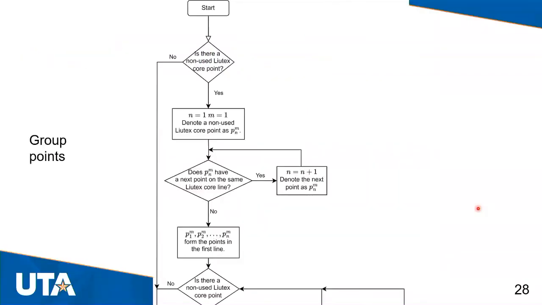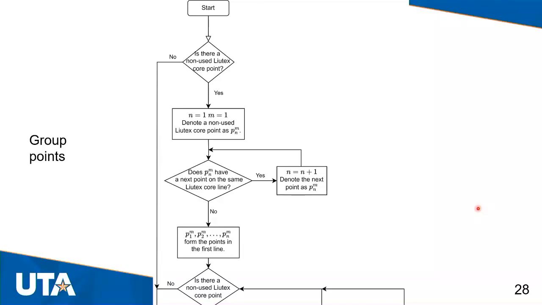Okay, and knowing how to determine the next point on the same line, we group them. So we first check if the point set is empty or not, and n represents how many points in the line we find, and m represents how many lines.